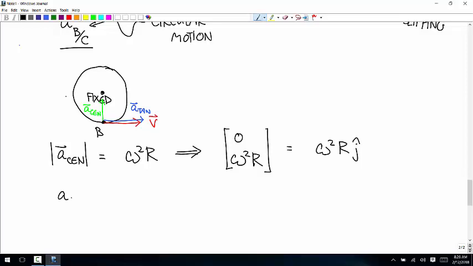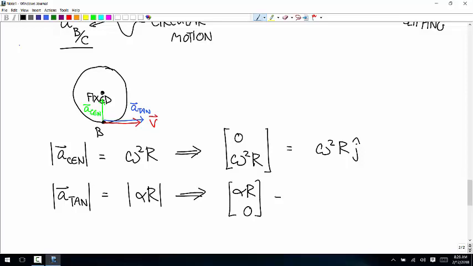And then the magnitude of the tangential acceleration is alpha r. And as a vector, what's that one? Yep, alpha r, 0. Or alpha r times i unit vector.